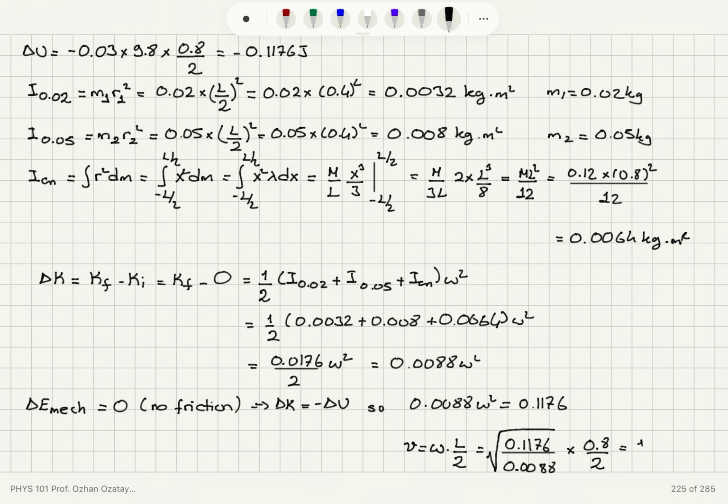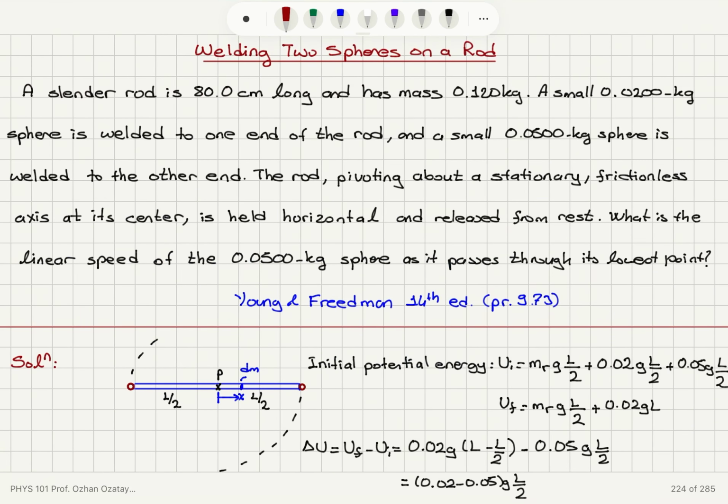That gives us our final answer, 1.46 meters per second for the linear speed of the 0.05 kilogram sphere as it passes through the bottom.